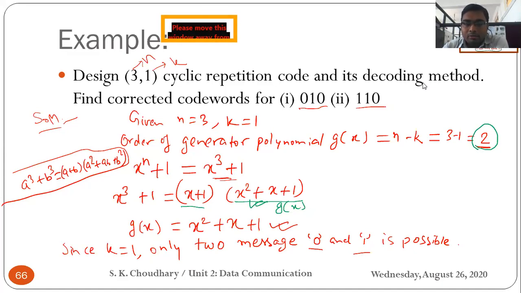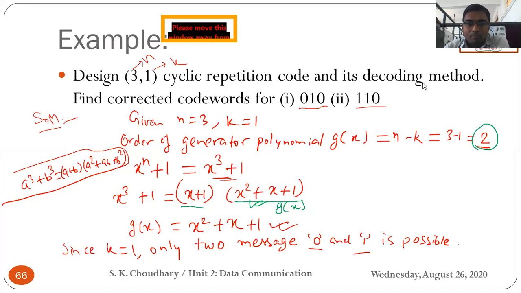First of all, we defined the given parameters, that is n and k: n is 3 and k is 1. So the message is a 1-bit message, and in binary terms, a 1-bit message is either binary 0 or binary 1, and through that we have to generate a 3-bit code word.